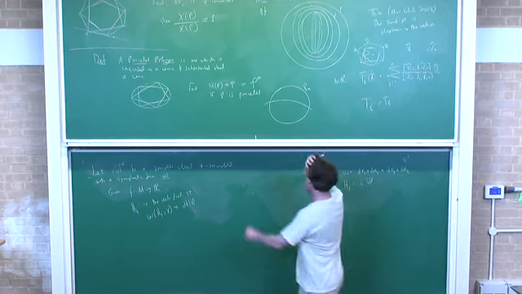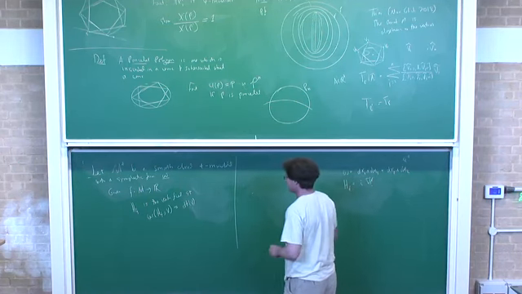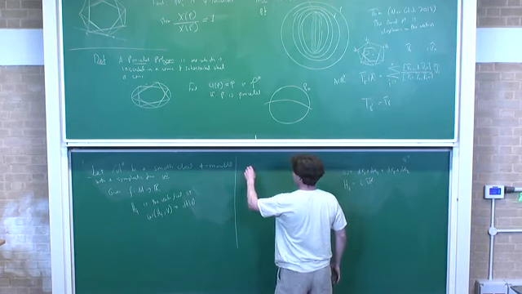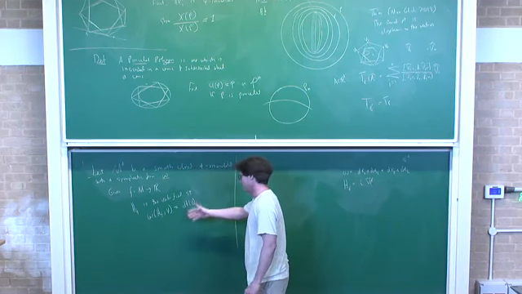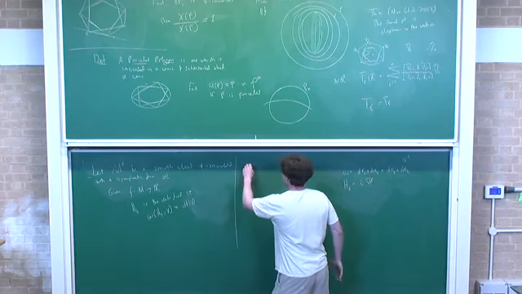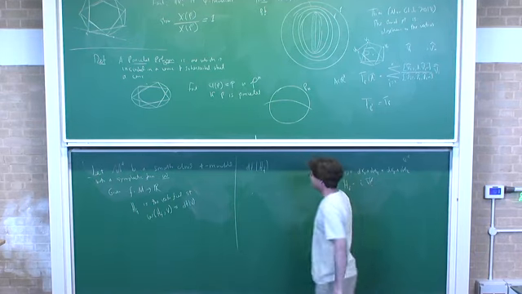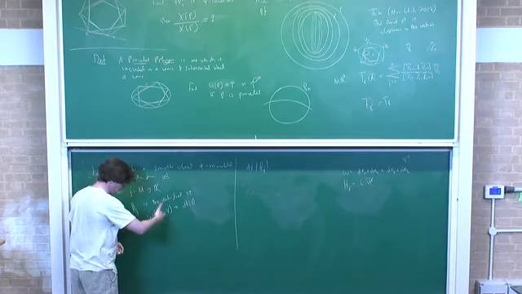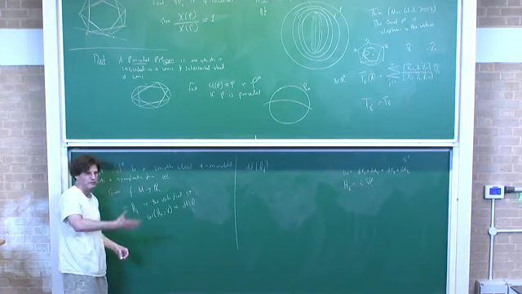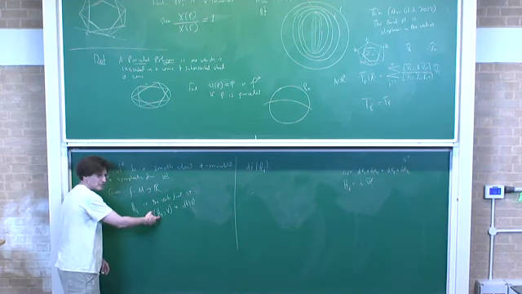Okay, so let's compute. Here's the first miracle of this thing. I can take a function, look at the vector field here, and look at the flow on the manifold generated by the function, this Hamiltonian.